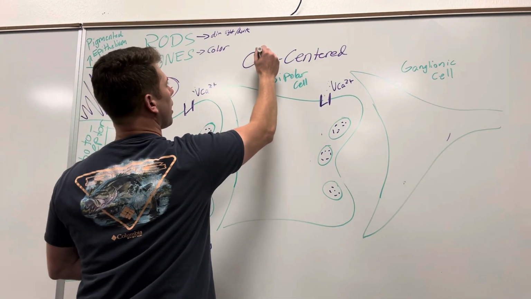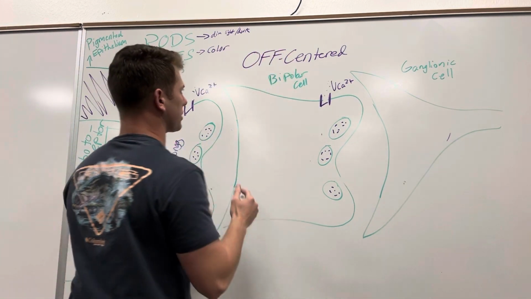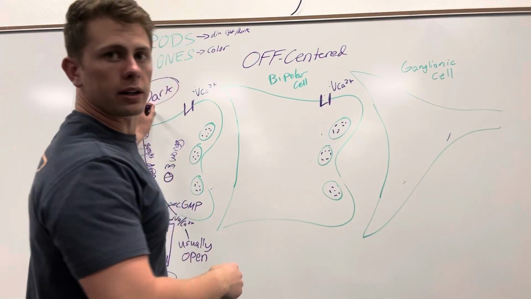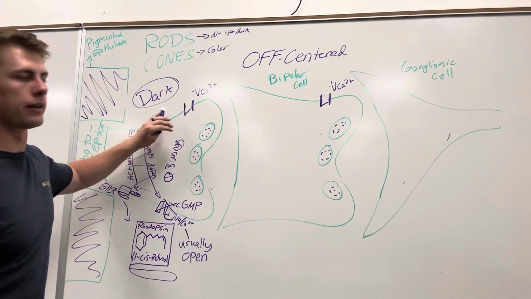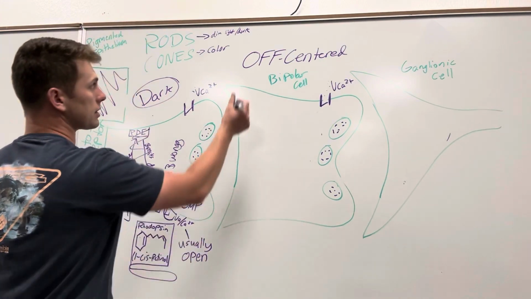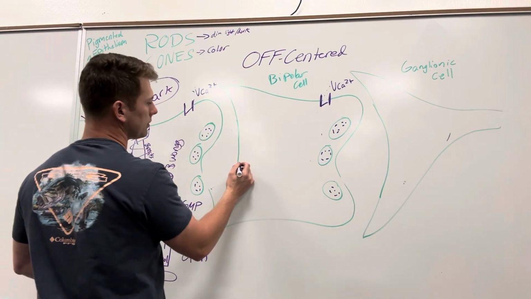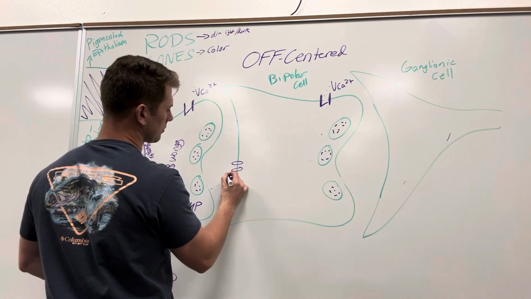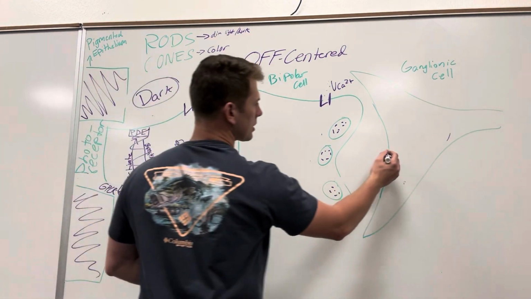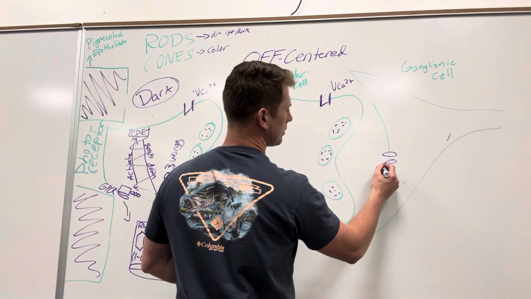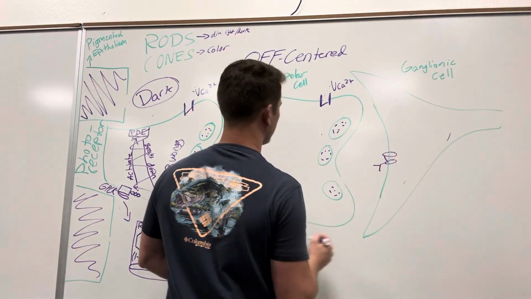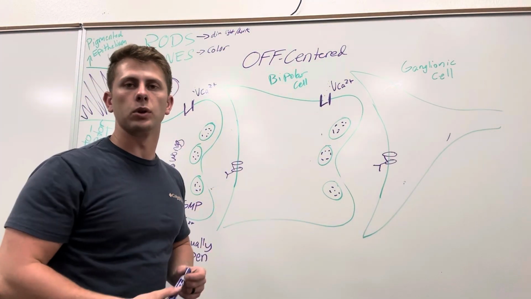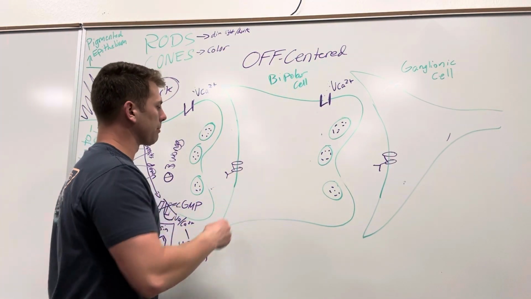Now we're going to talk about the off-centered bipolar cell. And we'll stick with dark because that's what we have here. So this off-centered bipolar cell has something a little different. Let's recreate this AMPA channel. That's closed. The off-centered bipolar cell does not have the mGluR6 receptor. It has an AMPA channel.